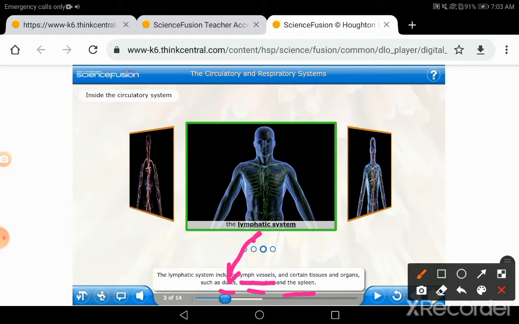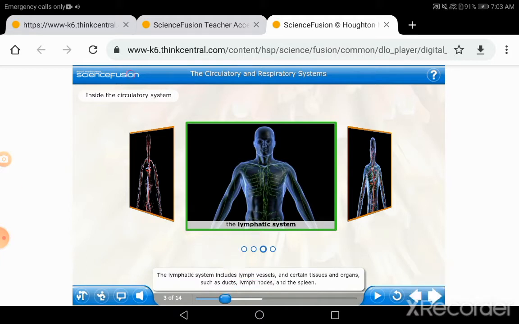Okay, so they have lymph vessels, certain tissues and organs such as the ducts, lymph nodes, and the spleen. Okay? It also includes lymph, the fluid inside the lymph vessels.